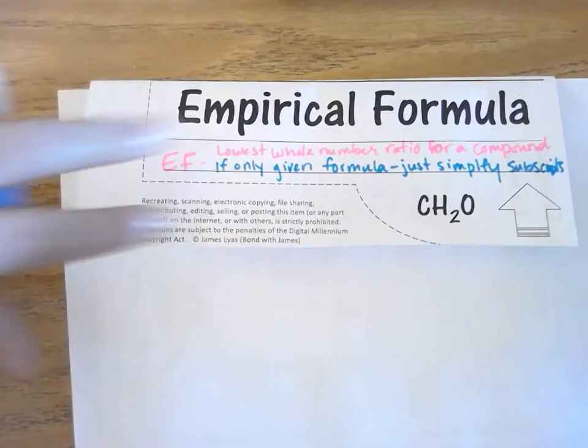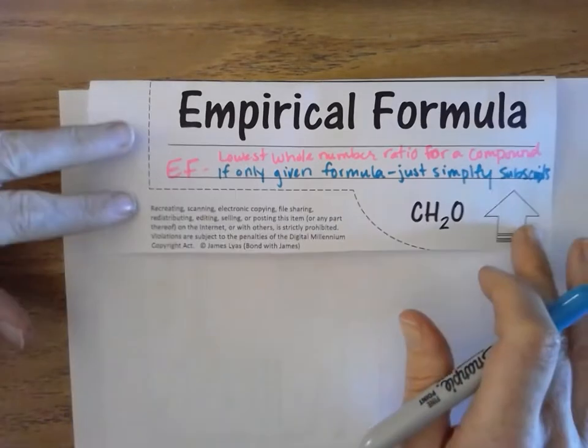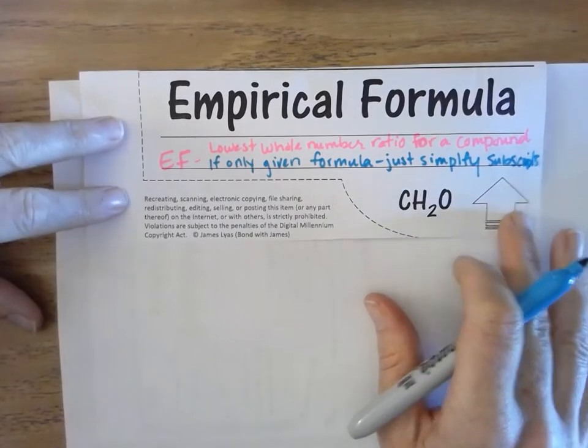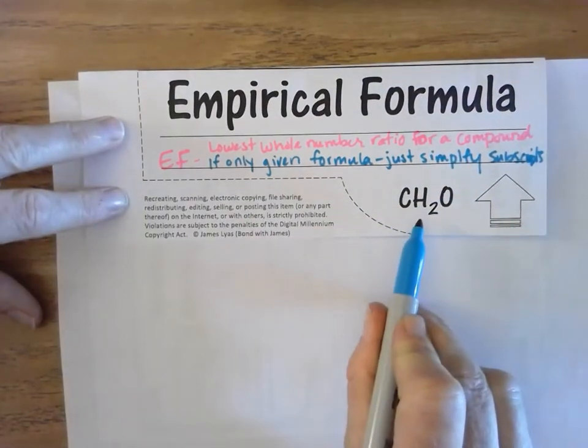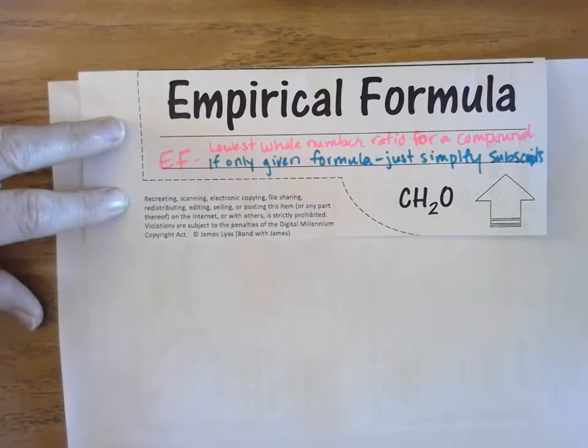For example, CH2O, you can't simplify those subscripts, so that would be an empirical formula because it's the lowest whole number ratio for a compound.